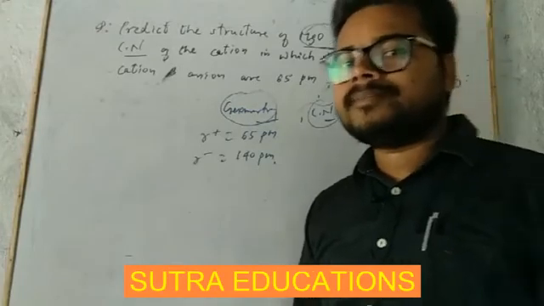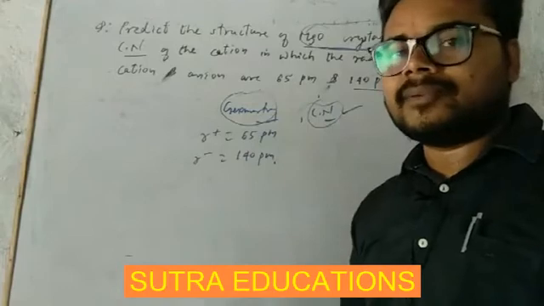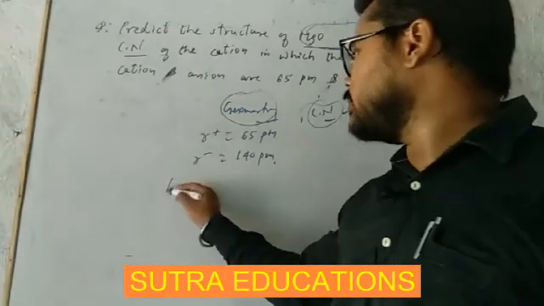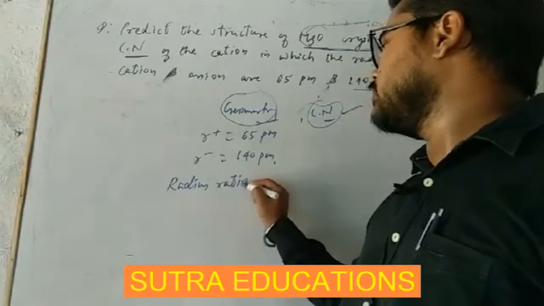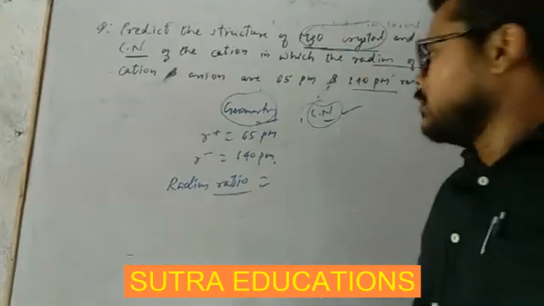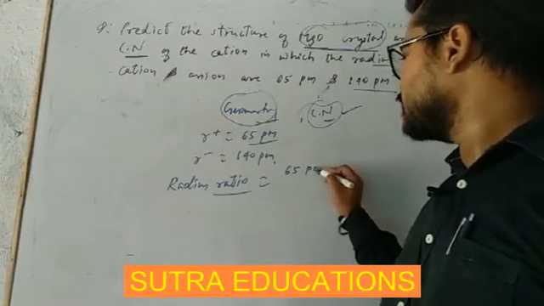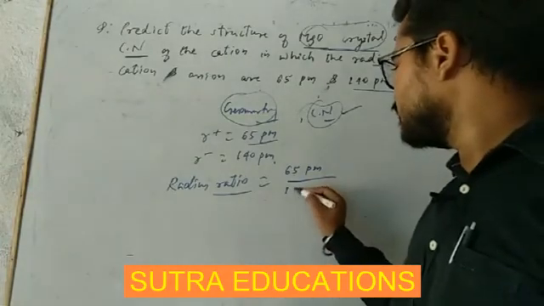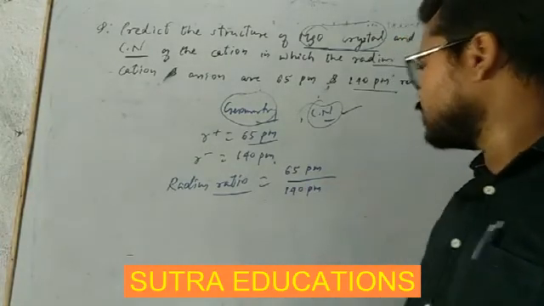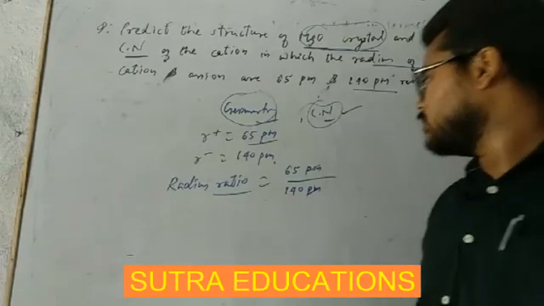So we will find out the radius ratio. The radius ratio will be equal to the radius of the cation, that is 65 picometer, upon the radius of the anion, that is 140 picometer. The picometer will get cancelled out.